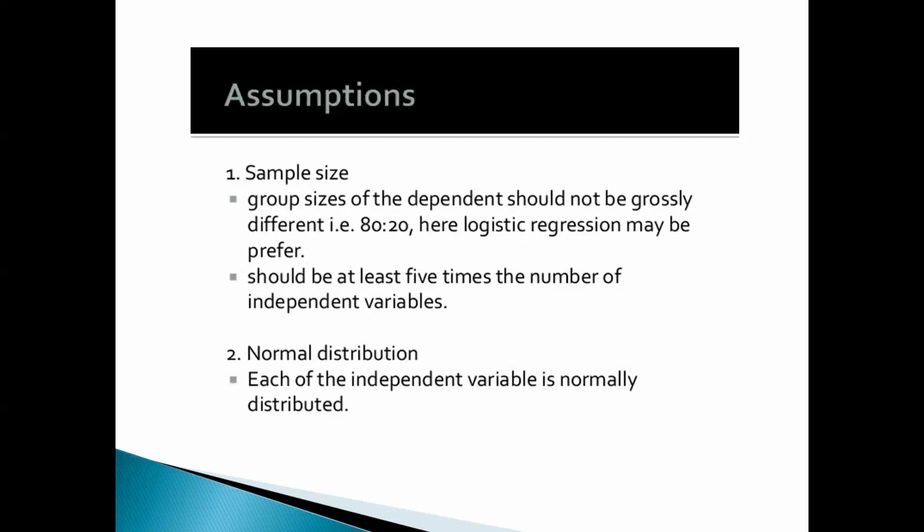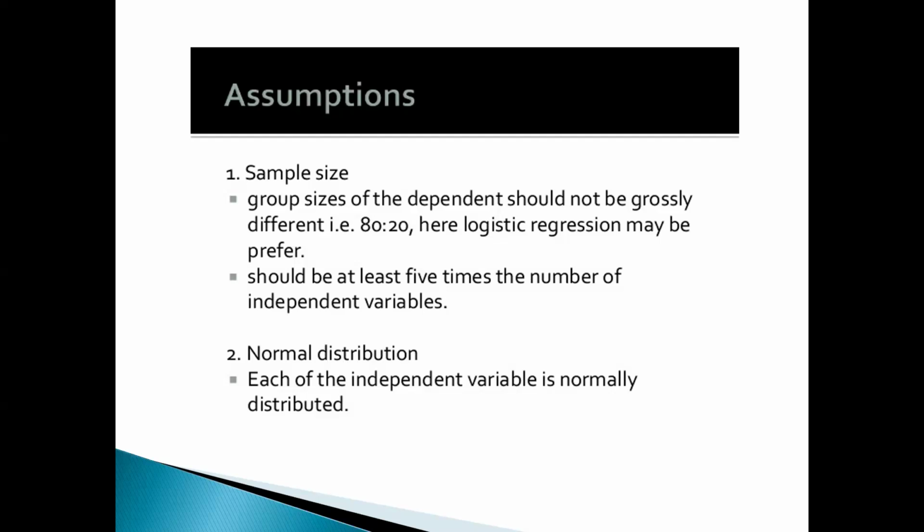Now these are some of the assumptions. The first one is regarding sample size. The group sizes of the dependent variable should not be grossly different. It means the difference between the group sizes should not be like 80-20. It should be a balanced group.